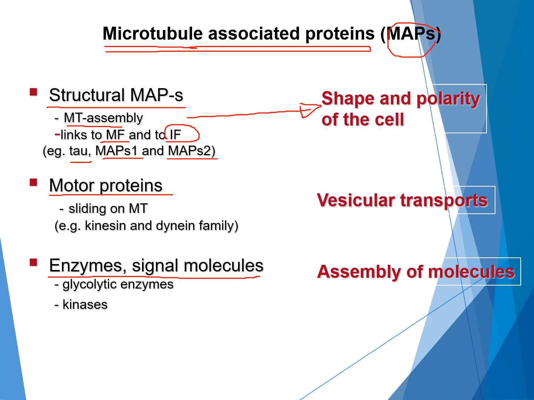The other microtubule-associated protein is the motor protein. Still remember about the transport of a vesicle during endocytosis and also exocytosis. We need the motor protein, which slides on this microtubule, for the vesicular transport.